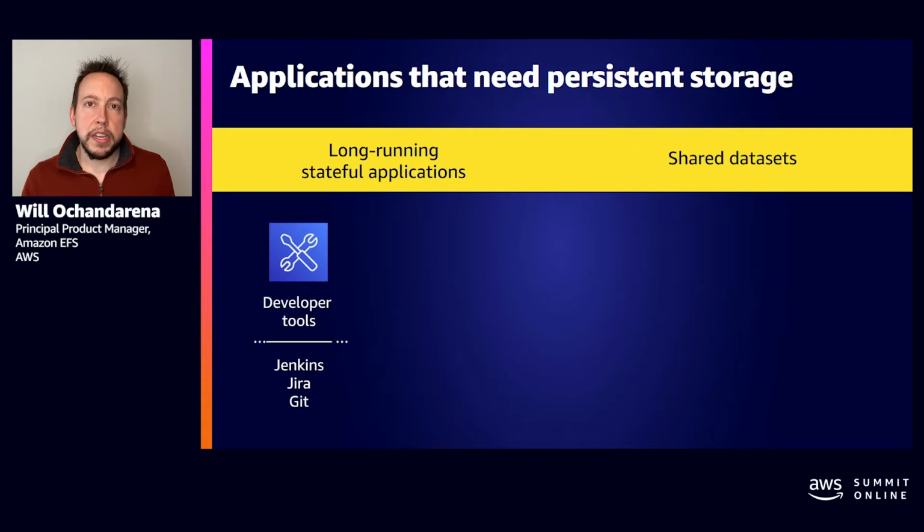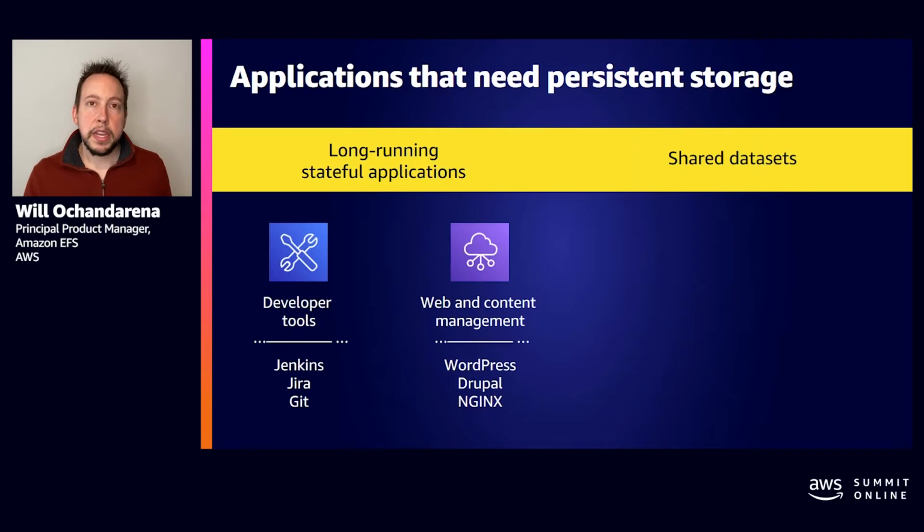So one category is developer tools. Tools like Jenkins, Jira, Git all benefit from having a persistence layer because you don't want to lose source code or bug reports or anything if there's any sort of failure either at the application or the infrastructure layer. Next, web and content management systems are commonly modernized.